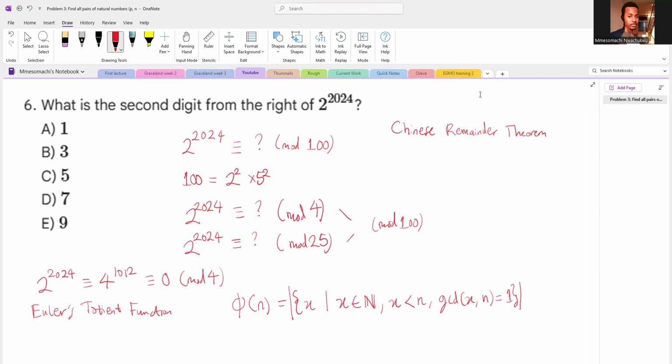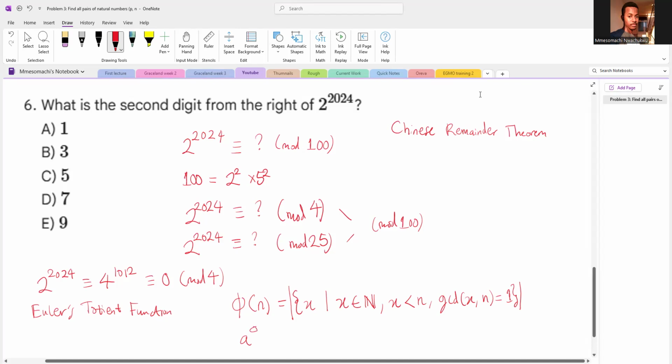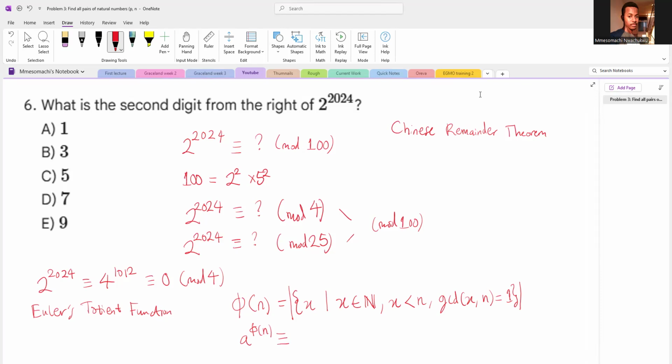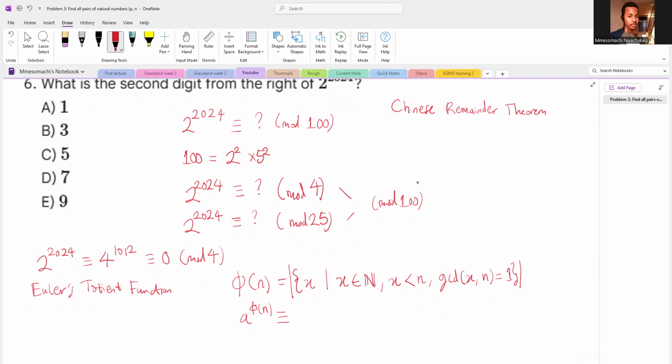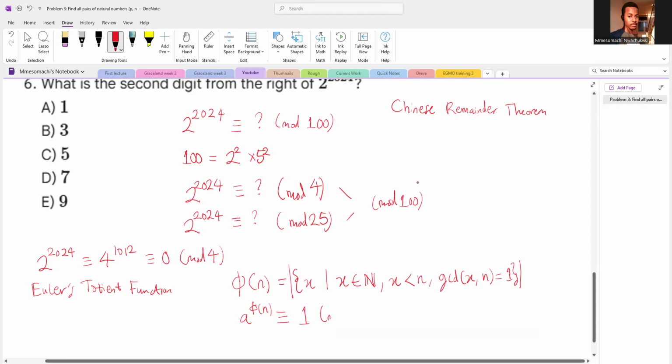Basically, if you have some a to the power of the totient of n, this is going to be congruent to 1 mod n, given that the GCD of a and n is equal to 1.